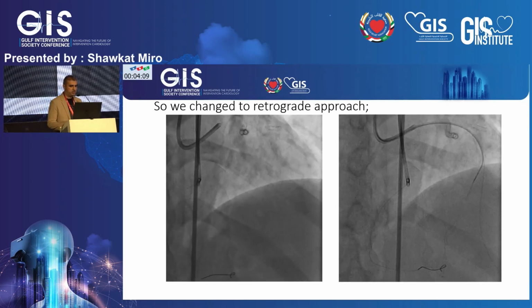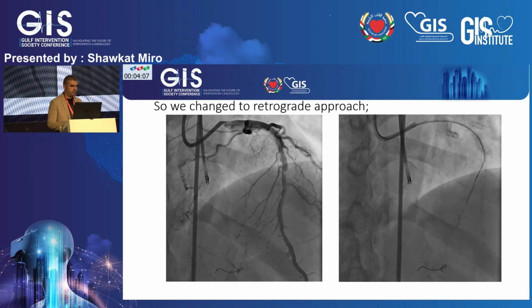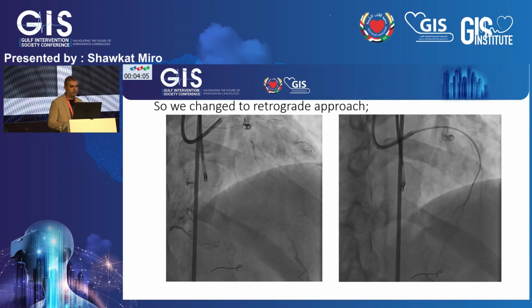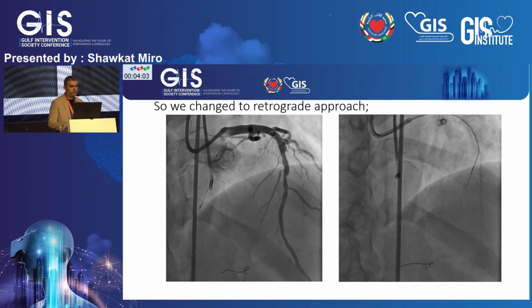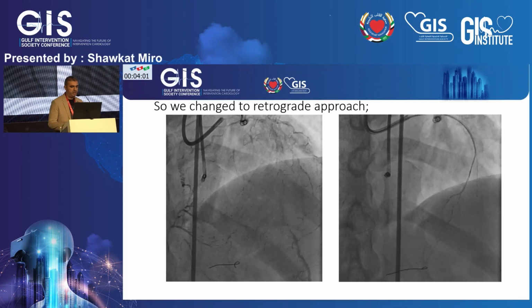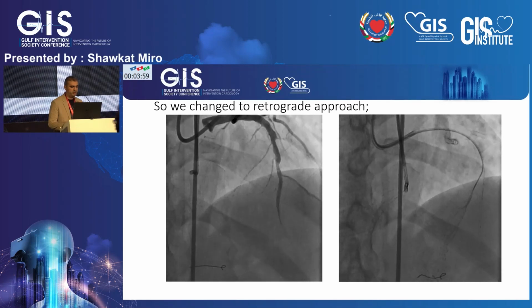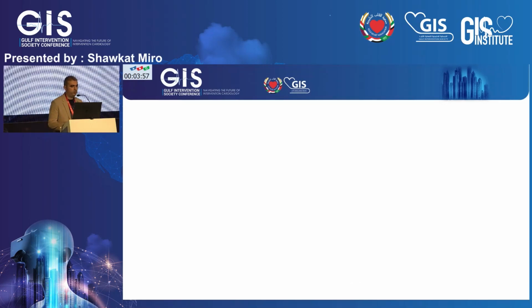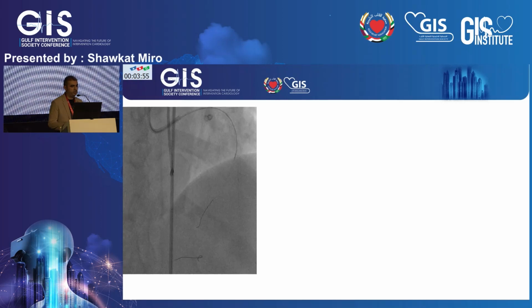We started with inserting a workhorse wire with the Corsair Pro microcatheter, and there is a connection, but it is tortuous. We started with the SUOH 03 wire, and after some time it jumped distally into the RCA.